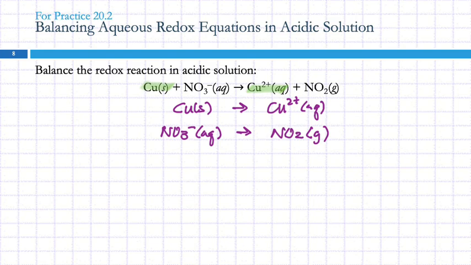2 half reactions. Now we balance for mass, the atoms, right? So here, 1 copper, 1 copper. It's good. Here we've got 1 nitrogen and 1 nitrogen. We have 3 oxygens and 2 oxygens. You cannot balance that by inspection because when you change the oxygens, you change the nitrogens.